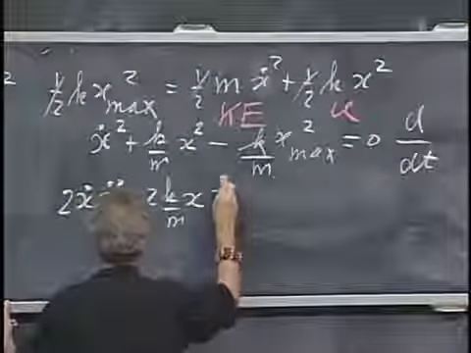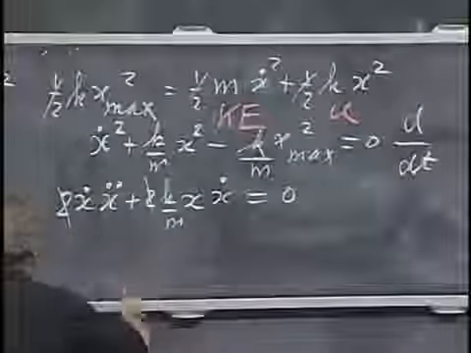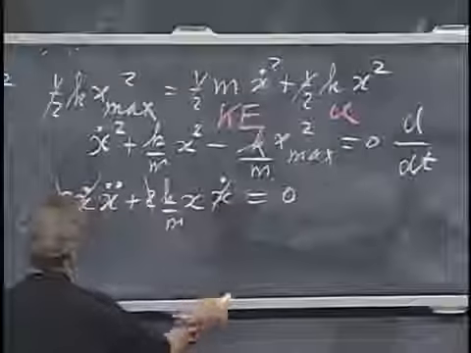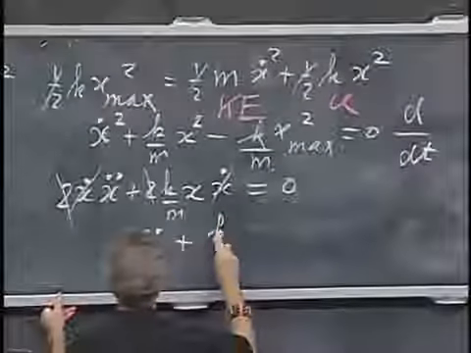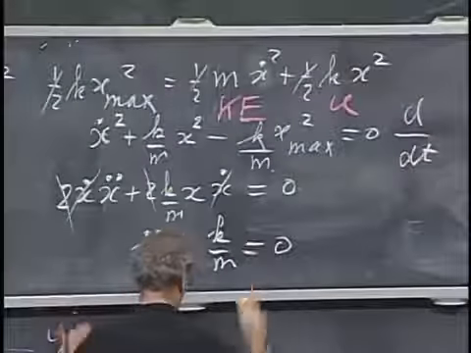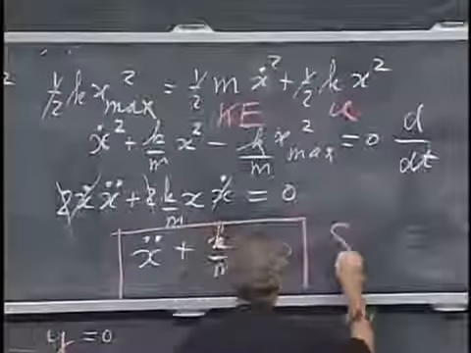This is a constant, the total energy when I started, so the whole thing equals 0. I lose my 2, and I lose my x dot because it's 0. And what do I find? x double dot plus k over m times x equals 0. And this makes my day, because I know this is a simple harmonic oscillation.